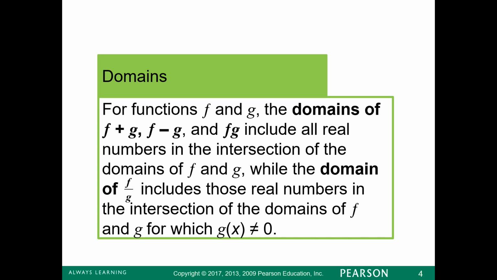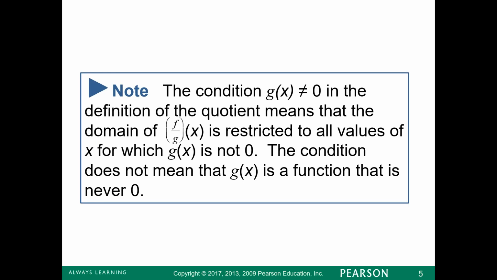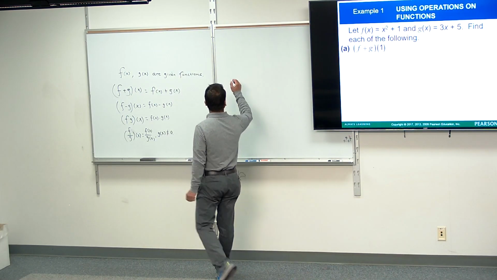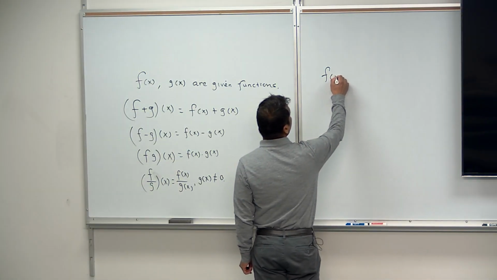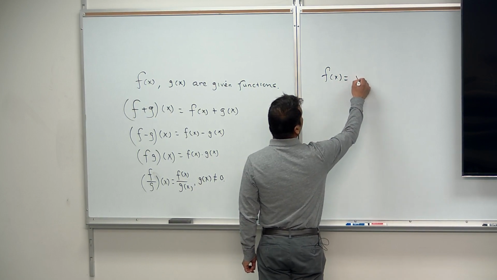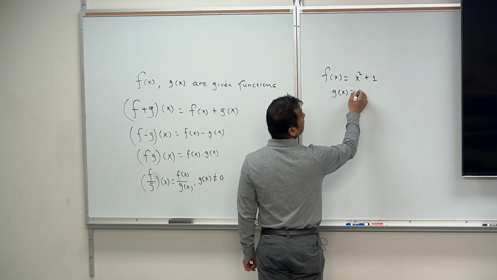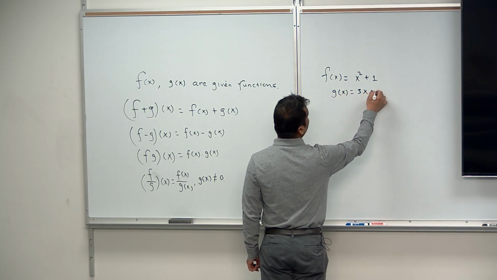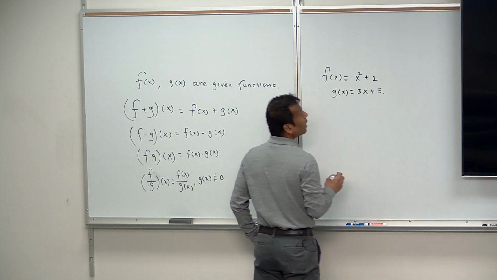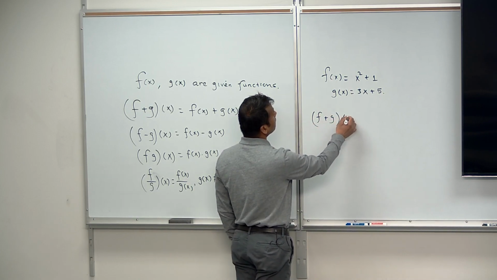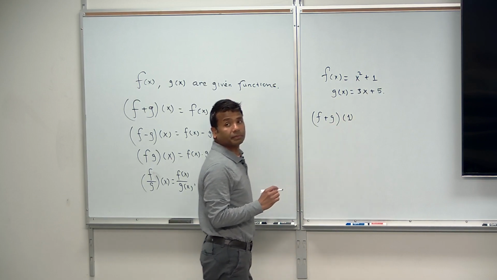So let's do this, okay? Your f(x) is x squared plus 1, and your g(x) is 3x plus 5. And we want to find out (f plus g)(1).